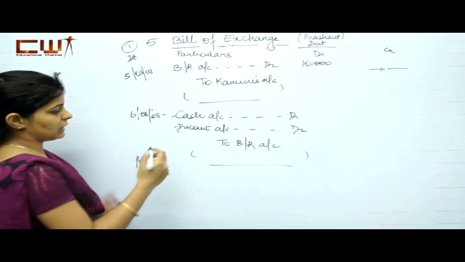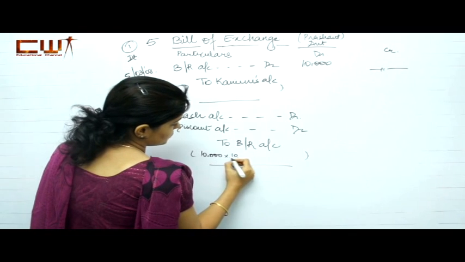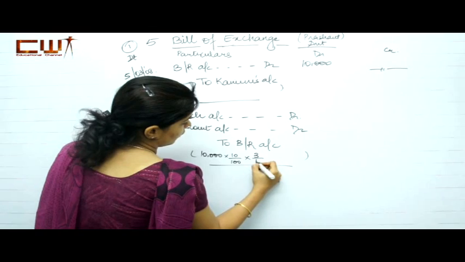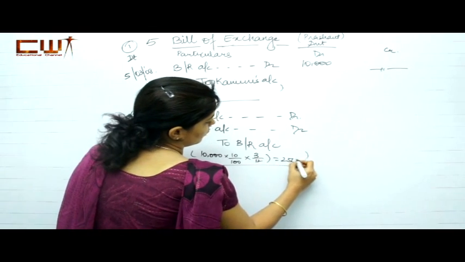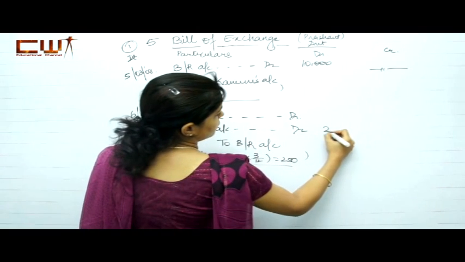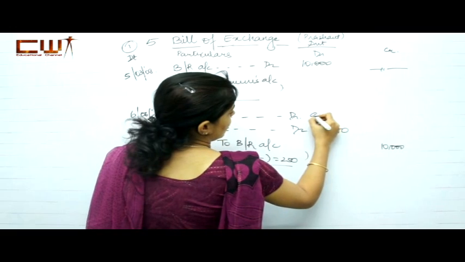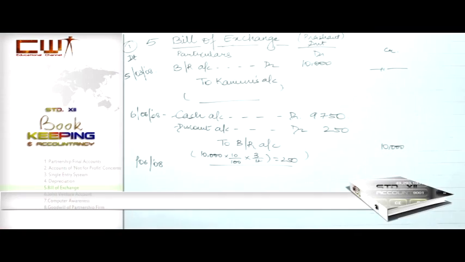You will have the calculation as 10,000 is the bill, 10% into how many months the bill was for? 3 months. This is how you calculate it. You get the discount amount of 250. So discount is 250. Bill amount is 10,000. So cash that you will receive will be 9,750.